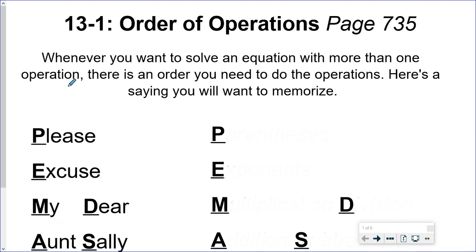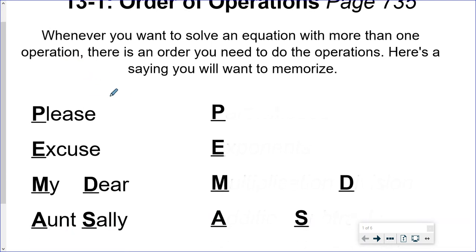And there is a saying that I usually have all my students memorize, and I think by memorizing this particular saying, it's going to help you remember what order you should do the operations. The saying that I'd like for you to memorize is this phrase right here: please excuse my dear Aunt Sally. Now, I know it sounds weird. We're in math class, and now we're talking about English sentences.